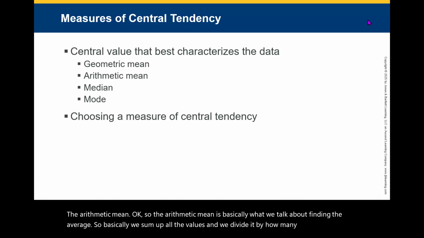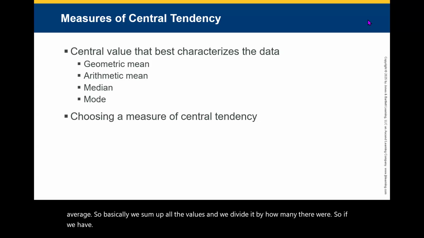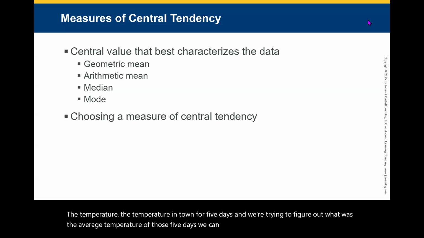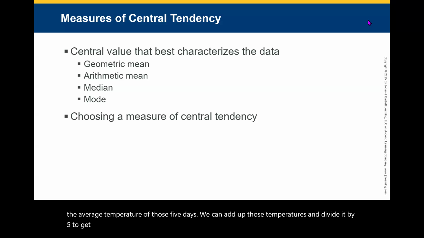So if we have the temperature in town for 5 days, and we're trying to figure out what was the average temperature over those 5 days, we can add up those temperatures and divide it by 5 to get the arithmetic mean. Okay, so that's what that is.